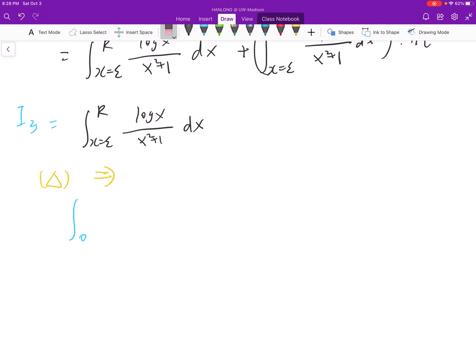Before the yellow part, we should let epsilon go to 0 and r go to infinity.